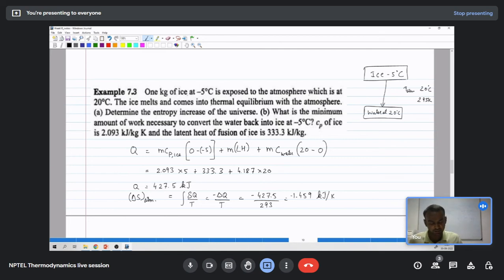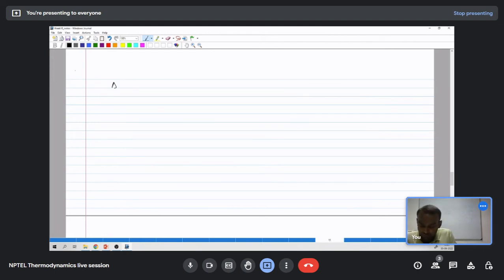Then we can calculate the entropy increase of the ice water system. I would write delta S of the system for the first stage, where it becomes 0 degree ice from minus 5 degree ice.